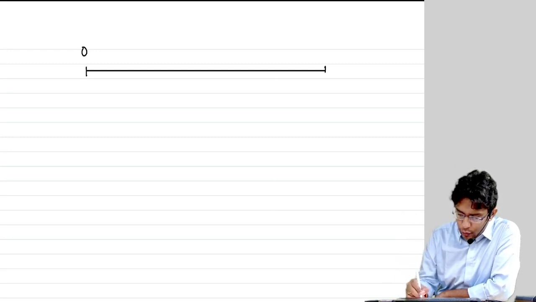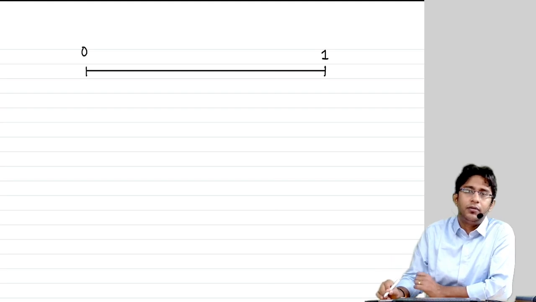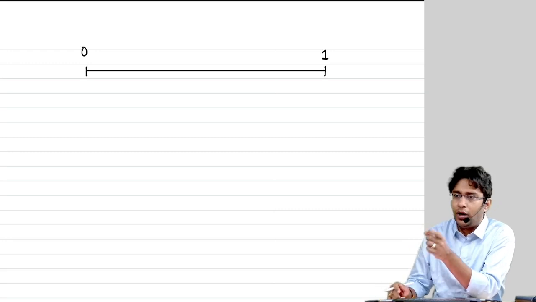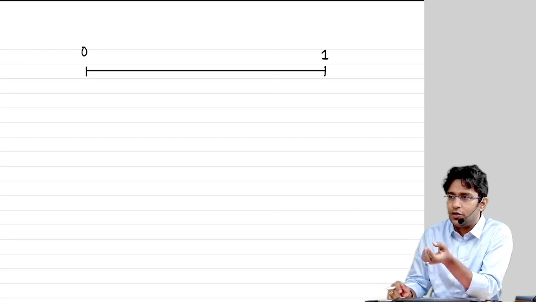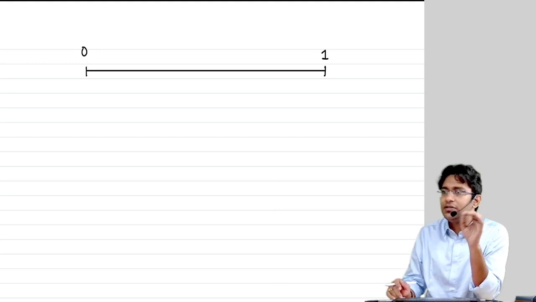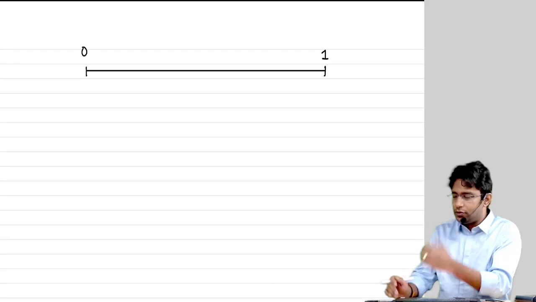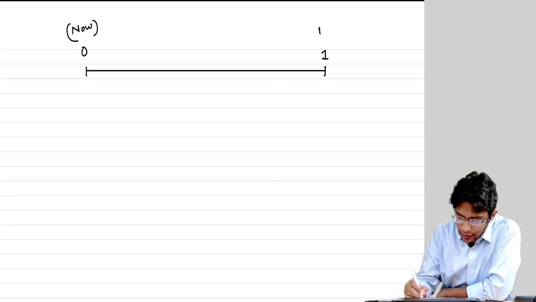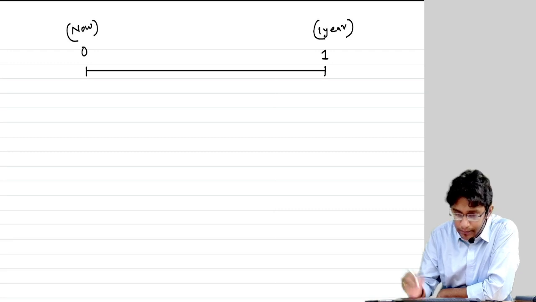When I write 1, it means it is at the end of the first period. That first period can be 1 year, it can be 6 months, it can be 3 months, but generally it is 1 year. If it is 3 months or 6 months, I will tell you. So this is called a timeline, sir. 0 means it is now. And here I am telling you this is at 1 year time.